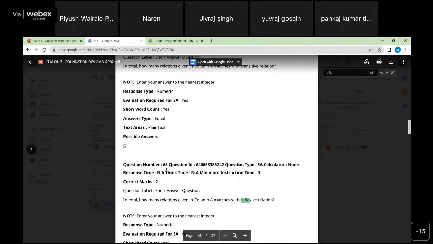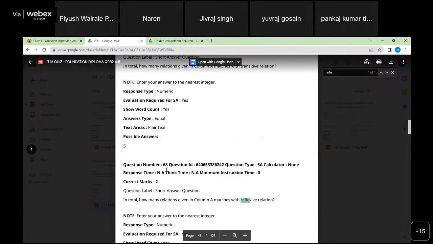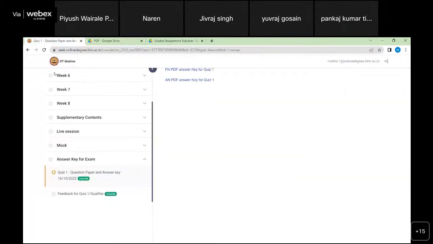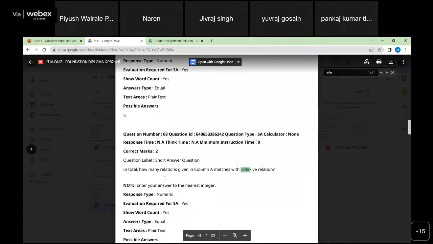This is the question, right? Yes. In my question paper it was question 8: how many relations given in column A match the reflexive relation? Yes, sir, correct.